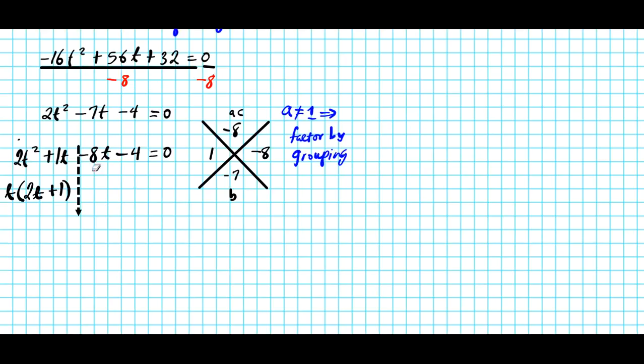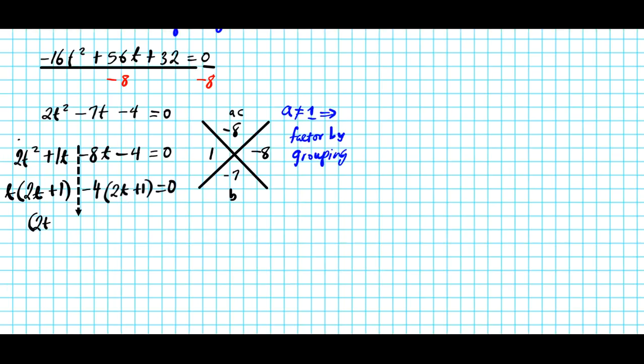From the next two terms, we'll factor out the GCF, negative 2. Actually, we can go bigger. How about 4? 4 is the GCF of 8 and 4. Okay, and then we'll be left with 2t plus 1, taking out a minus from here. Now these two quantities in the parentheses are identical.